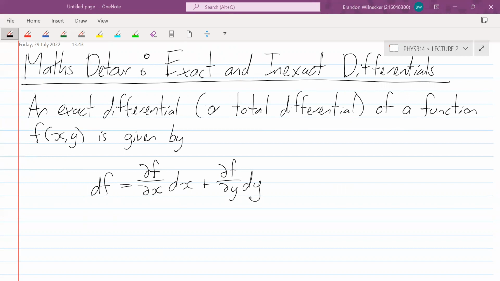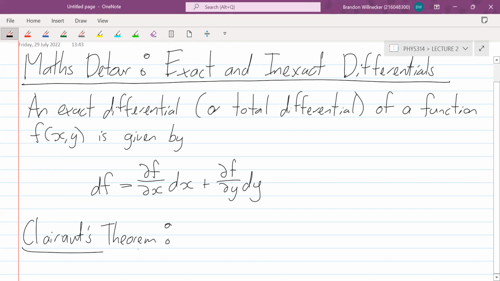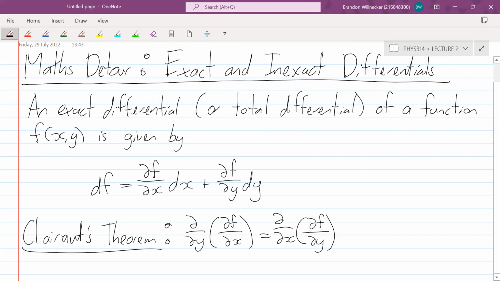Now we know from Math 212 and Clairaut's theorem, given such a function f, if it's nicely behaved, we have the following theorem: d by dy of df by dx is equal to d by dx of df by dy, the equality of mixed derivatives.